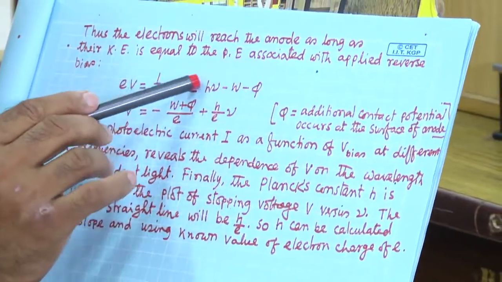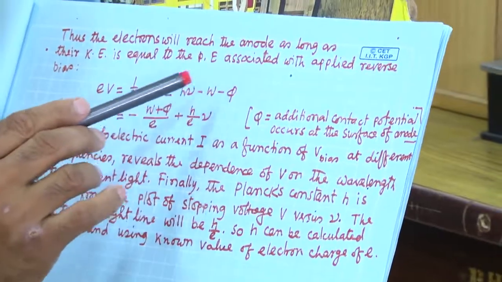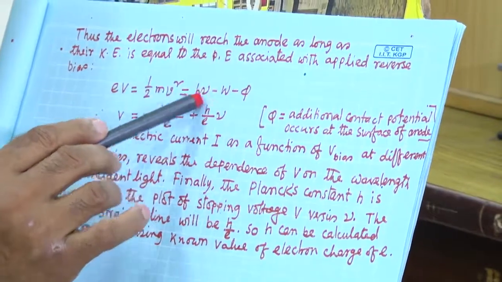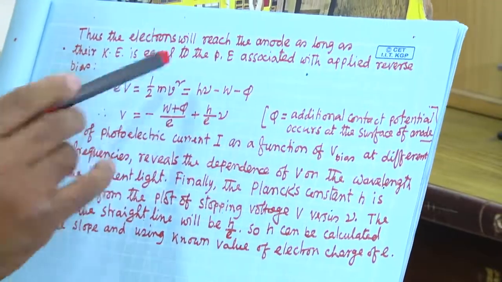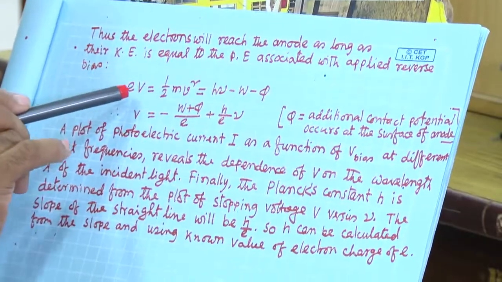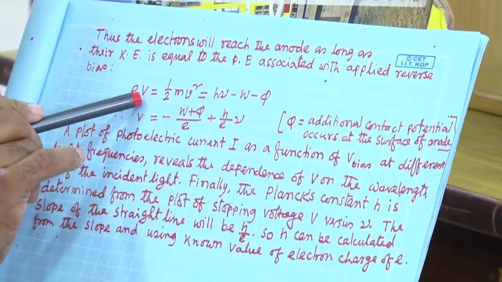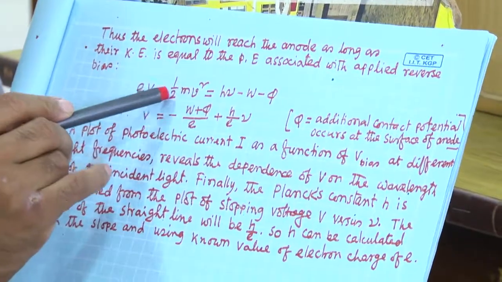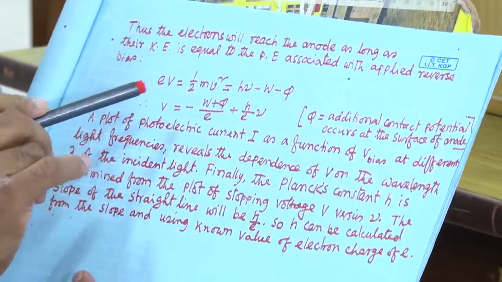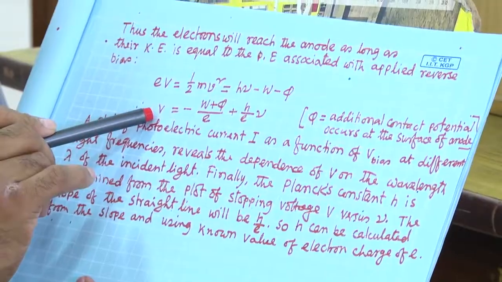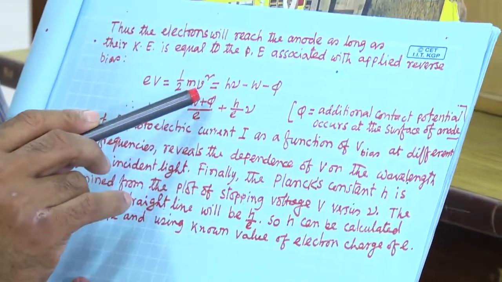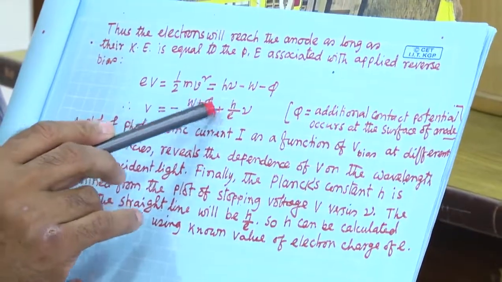Then the balance, the rest of the energy, h nu minus W minus phi, will be the kinetic energy of the electron, and at stopping potential V, this kinetic energy will be equal to eV. So you can find V, the stopping potential, equal to minus (W plus phi) by e plus h by e times nu.